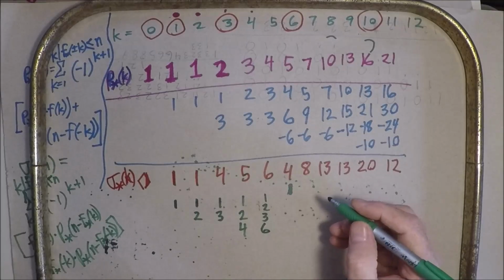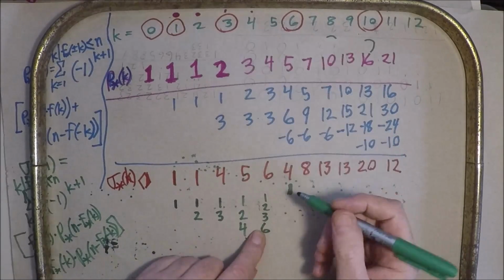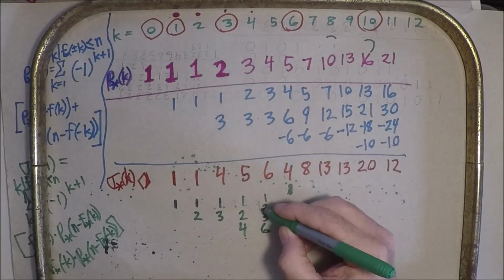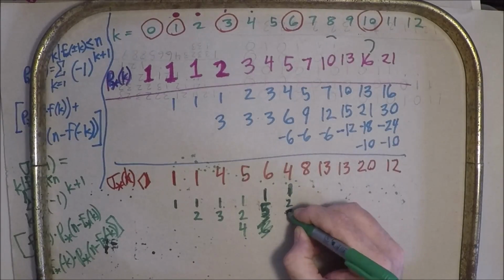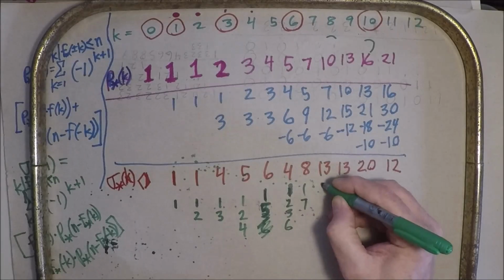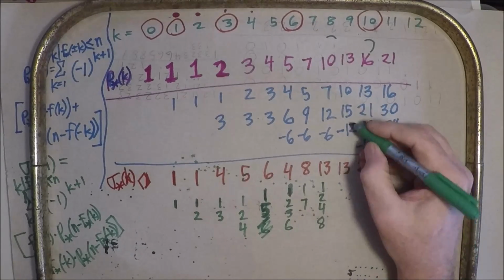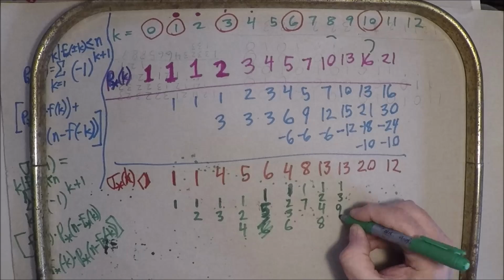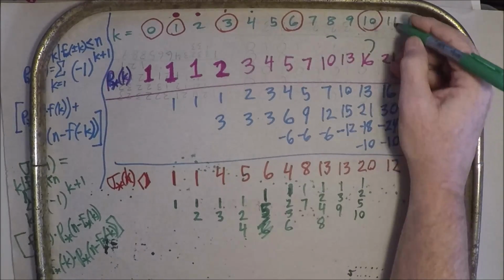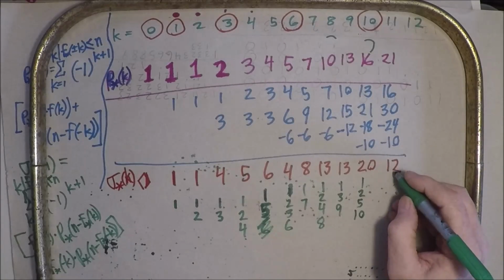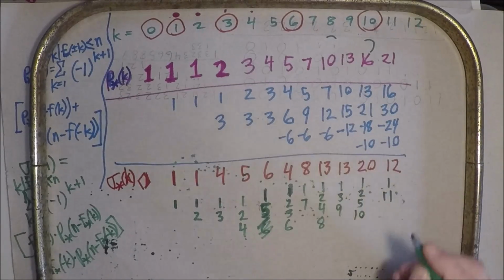The 6 is, what did I do? Yes, 5. That's what I did. This should be just 1 and 5. So 6 is 1, 2, 3, 6. 7 is 1 and 7. 8 is 1, 2, 4, and 8. And 9 is 1, 3, and 9. And 10 is 1, 2, 5, and 10. And 11 is 1 and 11.